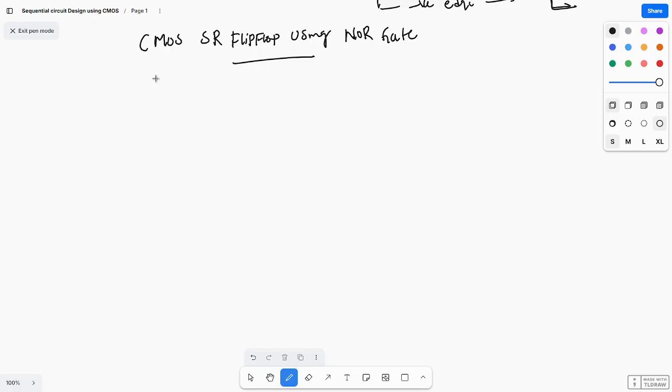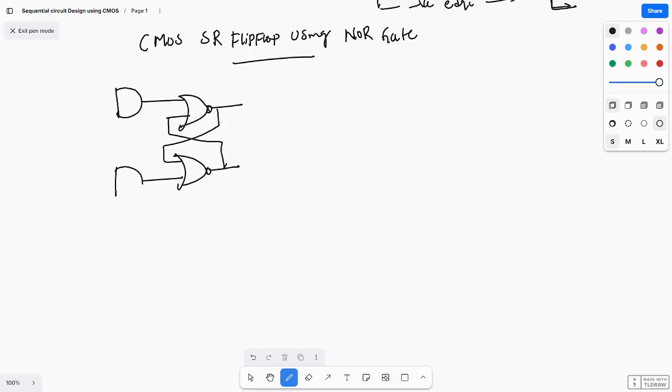Here you first draw the NOR latch. The outputs are fed back to the inputs, and here you give an AND gate, and here also an AND gate.